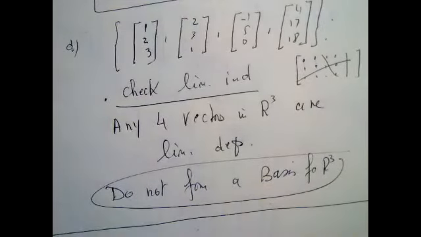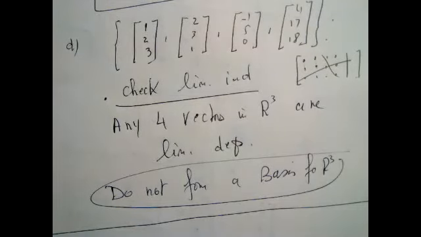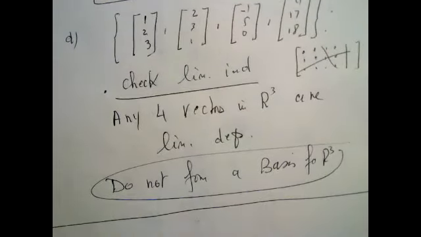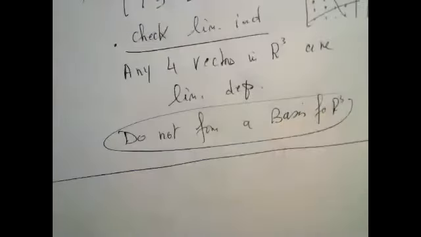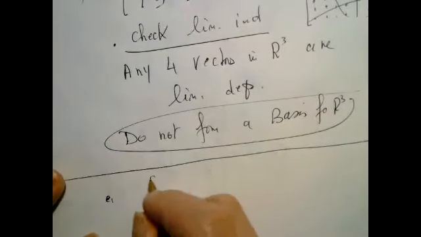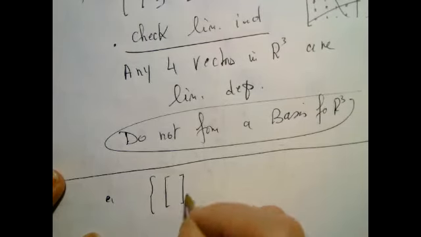So to show that for R2, R3, R4, this is the example I'm taking. To show they form a basis, you have to check first linear independence and then the span. Two things have to be satisfied. So suppose my last example, it's simple.